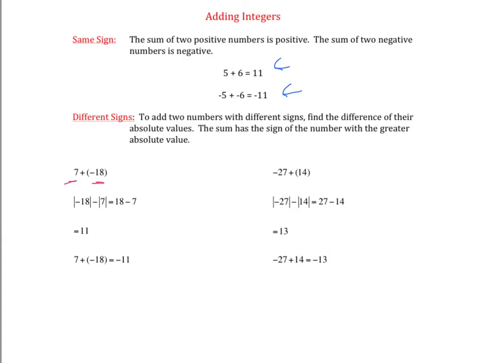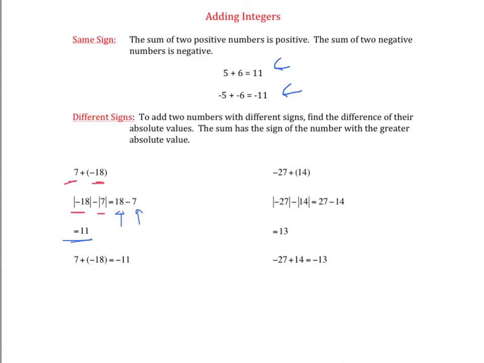So here I have positive 7 and negative 18. I find the difference of their 2 absolute values. So the absolute value of negative 18 is 18, and the absolute value of 7 is 7. When I find the difference between 18 and 7, I know that it's 11. So now I need to see what is the sign. I know that the difference is going to be 11, and I look back at the absolute values.